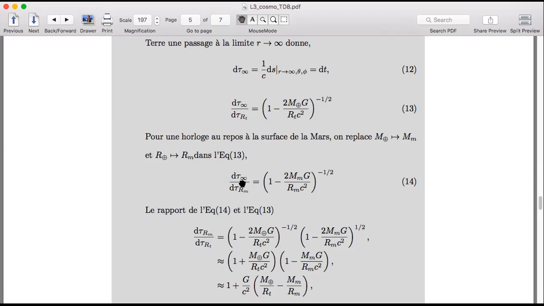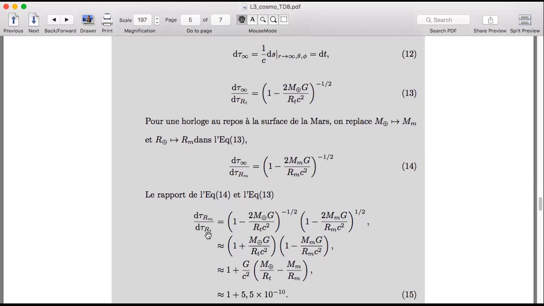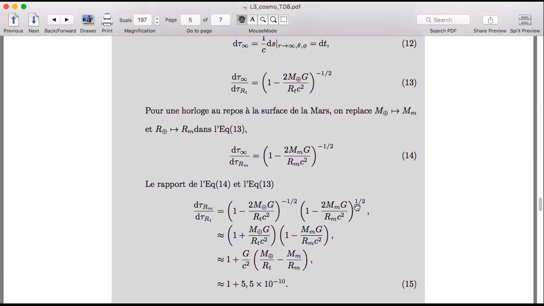And if we divide, I guess, this 13 by 14, then we get this equation with the positive. This became the positive one because this is the one that flipped.